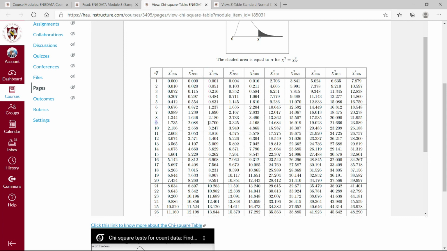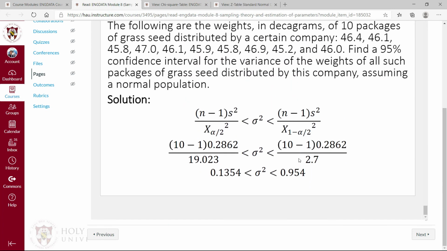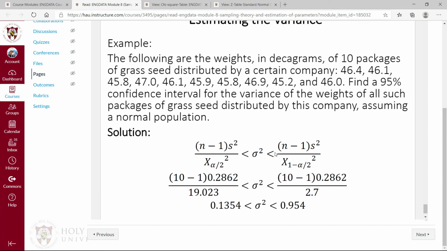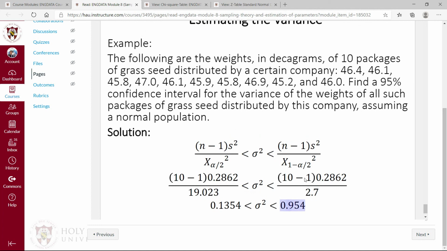So that's why we use 2.7 for this value. Then simplifying, you get the variance for the 95% confidence interval of 0.1354 for the lower limit and 0.954 for the upper limit. So that ends our module.